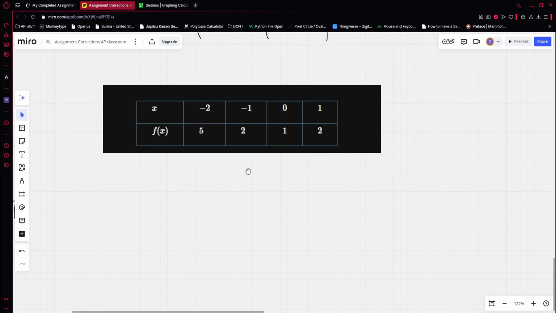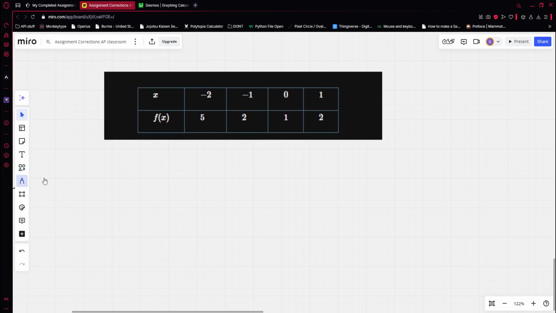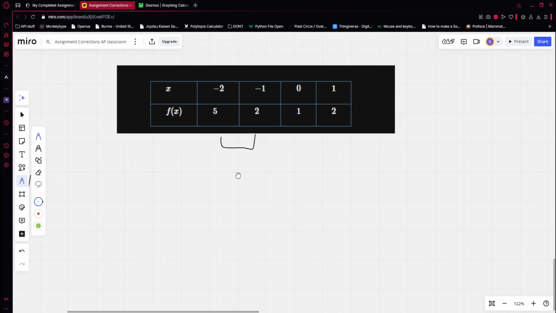Okay, well let's find the rates of change first. So the rate of change of this section, really easy since they're all equal intervals of 1, because we go 1, 1, 1, easy. So we go down by 3, so it's negative 3. Here, we go down by 1, because 2 to 1 is negative 1. And then here, we go up by 1.